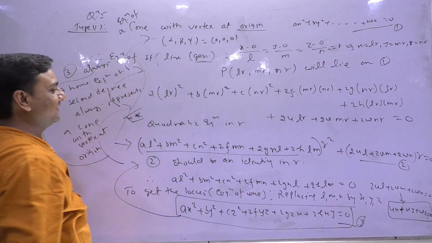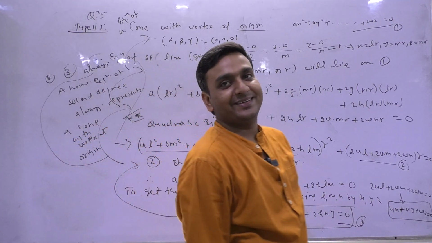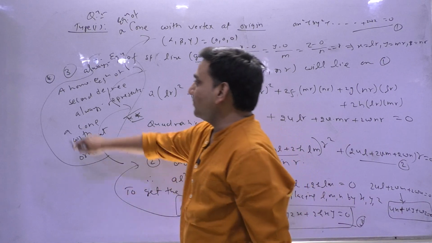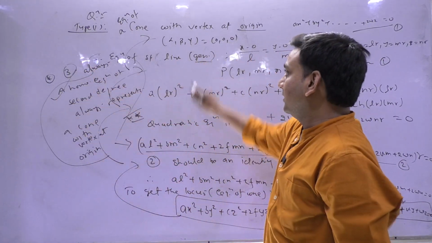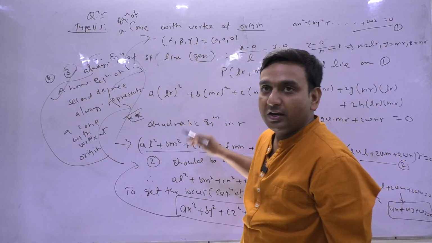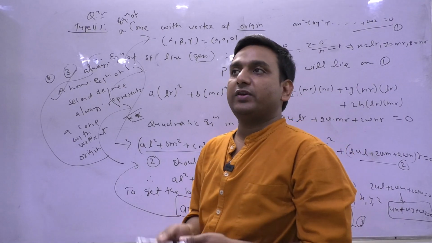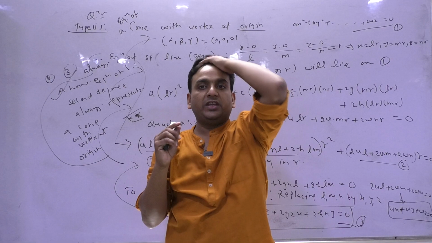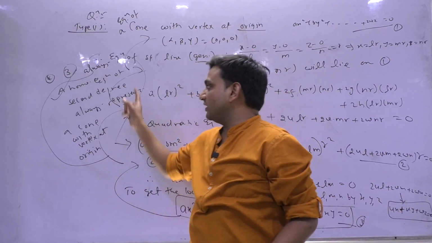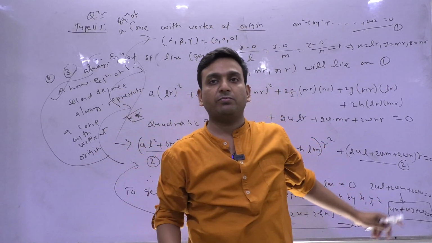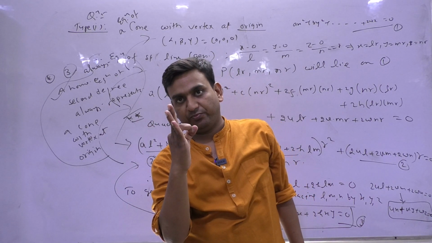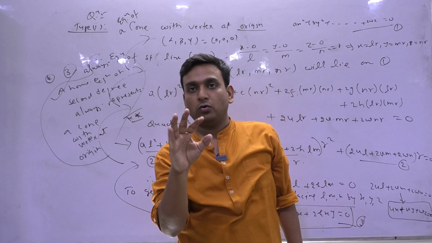Any doubt? This is the point you have to remember. Whenever someone says a cone passes through the vertex, the equation of that cone will be a homogeneous equation of second degree, meaning the first degree terms will be 0 and there will be no constant term. Clear? And these are true otherwise also.